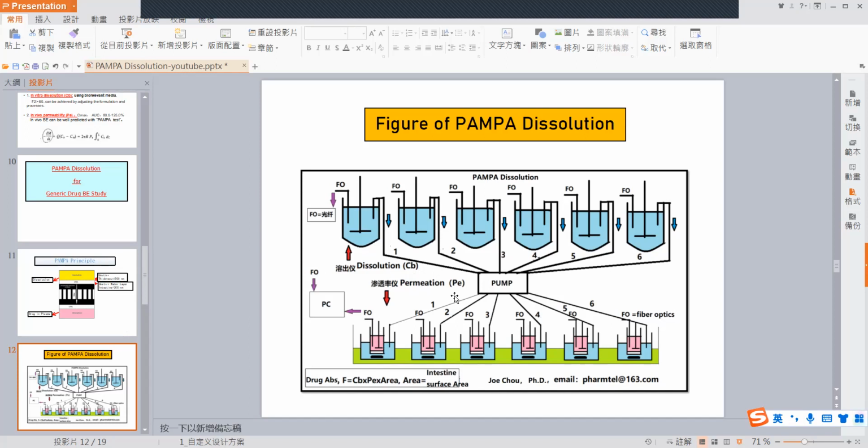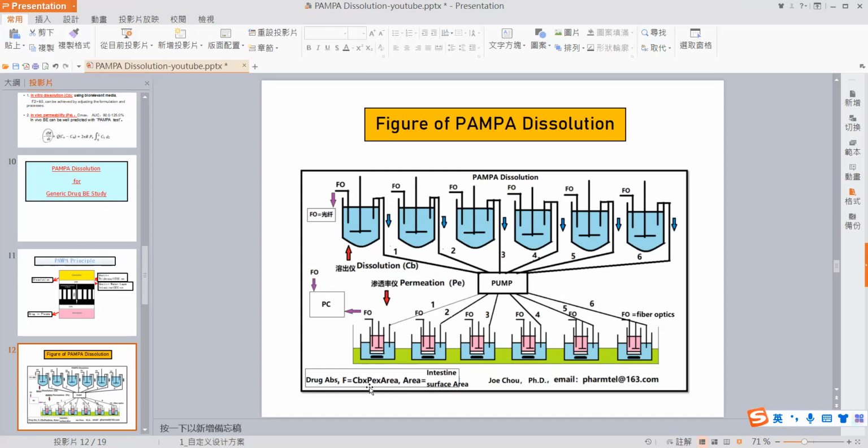And that will meet the requirement of this model, which is drug absorbed F equals CB times PE times A. So CB and PE are now really under the machine control, and it can indicate clearly what's going on with the reference drug, and therefore your test drug can really be compared to the reference.